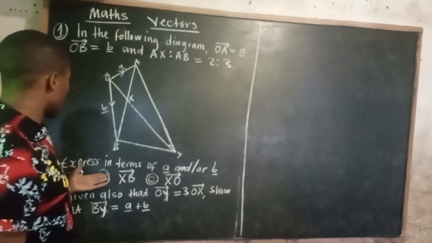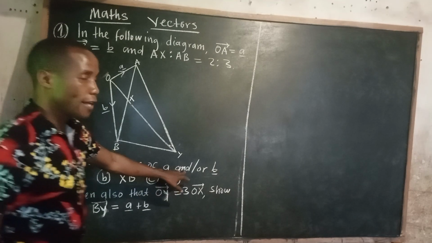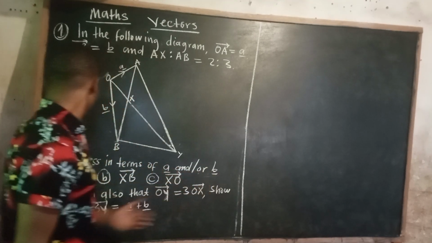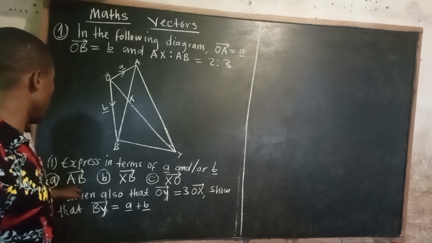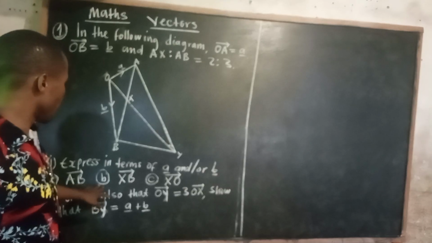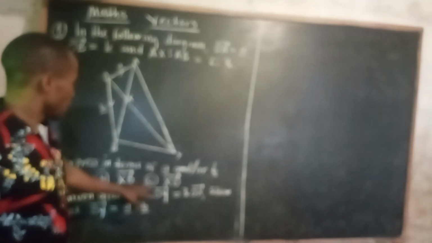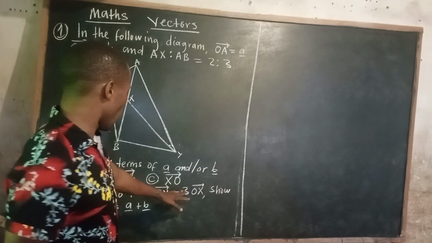Question 1: express in terms of A and/or B: A, vector AB, B, vector XB, C, vector XO.